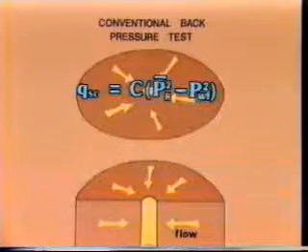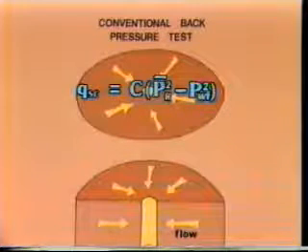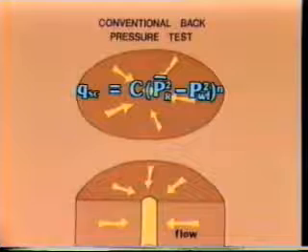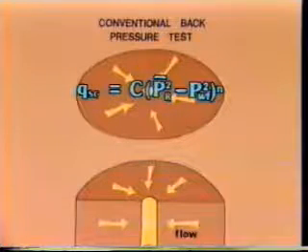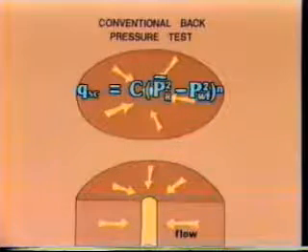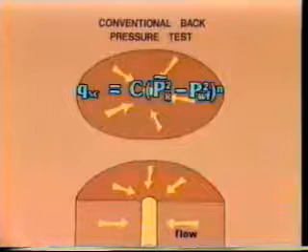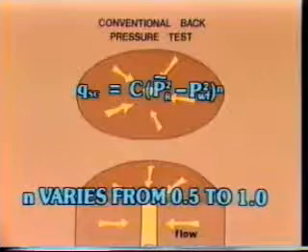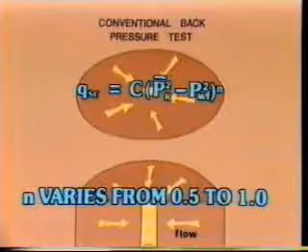Rawlins and Schellhardt, drawing upon empirical observations, added the exponent n to Darcy's equation to account for the observed deviation in flow behavior. The deviation is due to several factors, the most important being the effect of turbulence. The range of n is from 0.5 to 1.